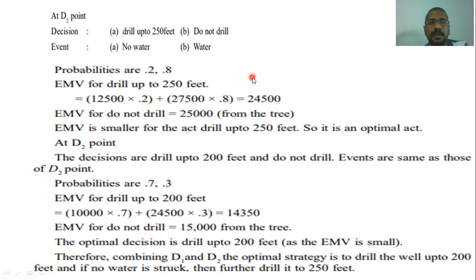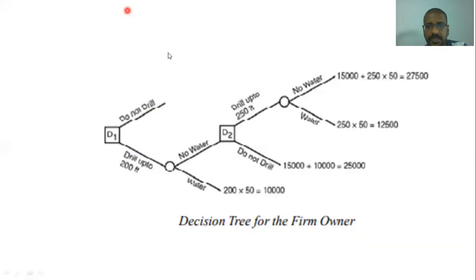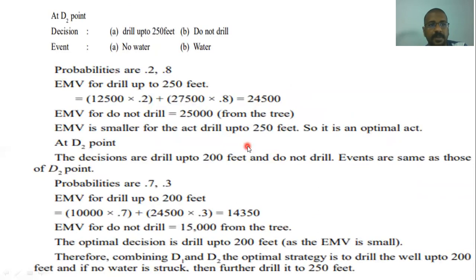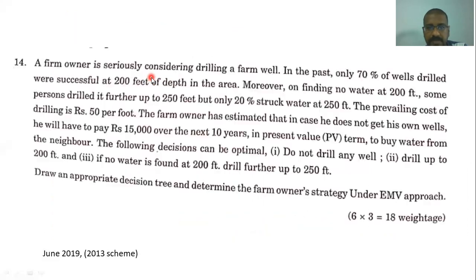So at D2 we have two decisions to make. One is drilling up to 250 feet, or do not drill. If you drill up to 250 feet, either you get water or you get no water. The probability that you will get water is 20%.